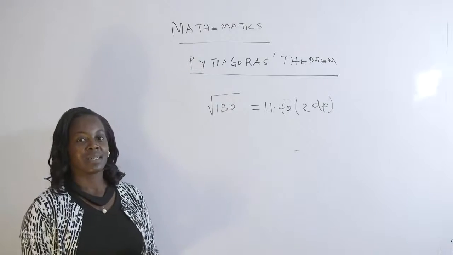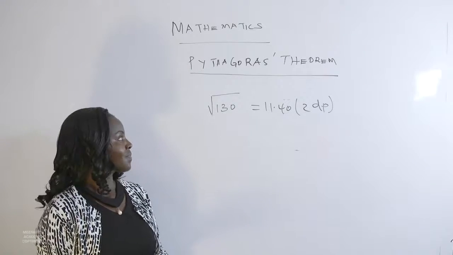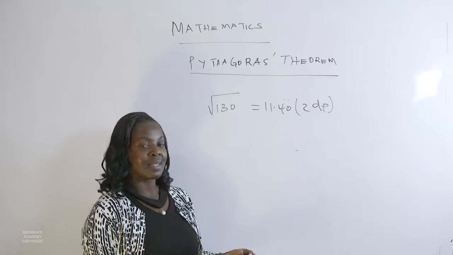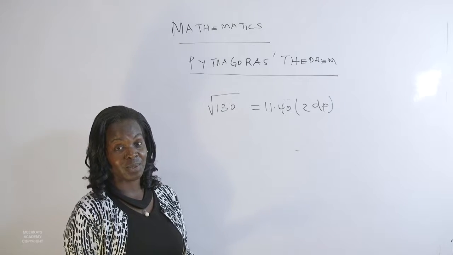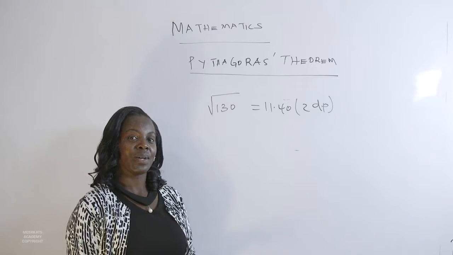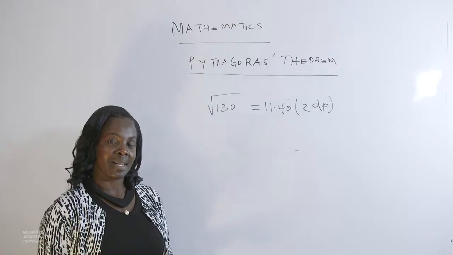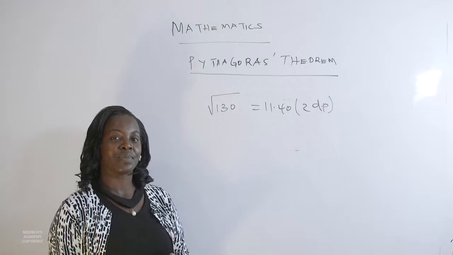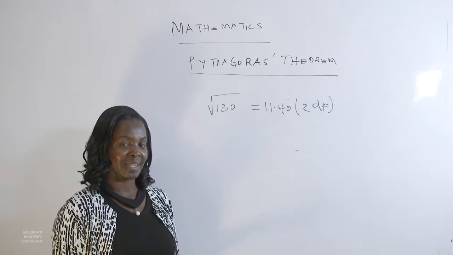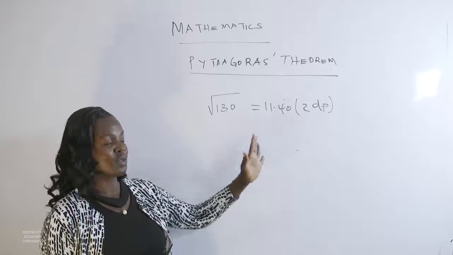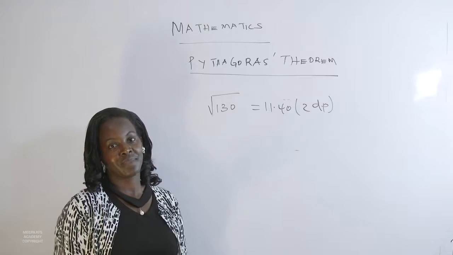A surd cannot be written as a fraction, and if you want to write it as a decimal, you will find so many numbers after the decimal with no repeated pattern. In other words, you will have so many decimals forever. That's a surd.